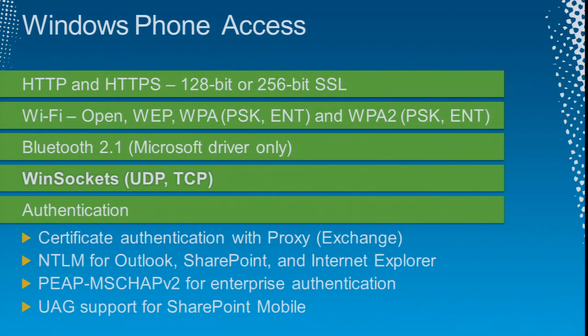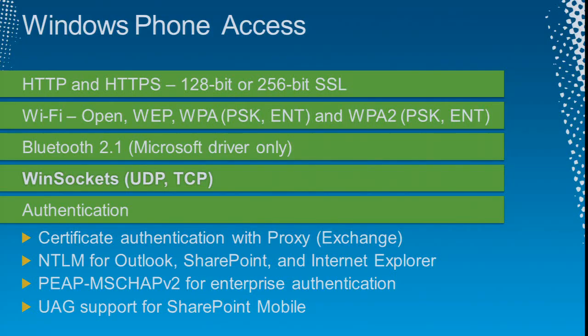Here are the features for Windows Phone access. We have HTTP and HTTPS, obviously 128 and 256 SSL. We support these forms of Wi-Fi authentication: Open, WEP, WPA, Enterprise, and Personal. We also are announcing this week that we support hidden Wi-Fi access, which is a big win for a lot of your enterprises.